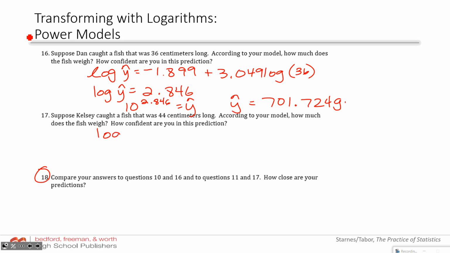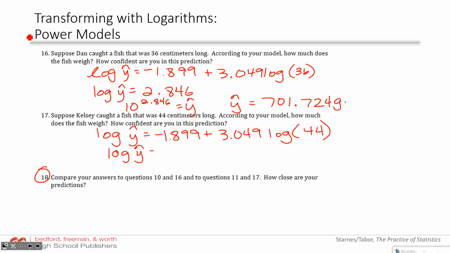So log of y hat is equal to negative 1.899 plus 3.049 log of 44. And now before I even do anything, 44 is an extrapolation. So I don't know if this pattern is going to continue or not. So when they ask me how confident am I, I'm not quite as confident. But I'm still going to go through the process of plugging in and making the prediction because it asked me to. So log of y hat equals, when I simplify that right side, 3.112.